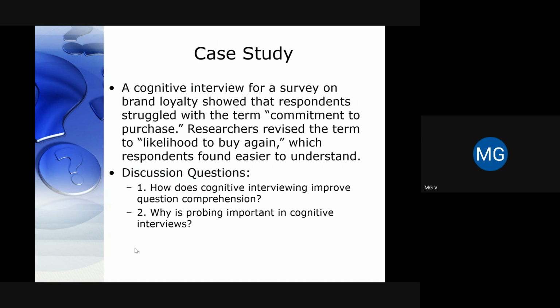Why is probing important in cognitive interviews? Basically, probing provides additional insights on response accuracy, right?